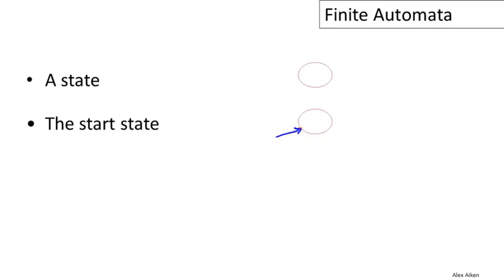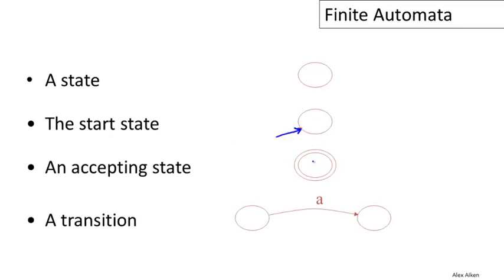So this is a transition into the node, but with no source node that it comes from, and that indicates the unique start state. An accepting state is drawn as a node with double circles like this. And finally, a transition is drawn as an edge between two nodes of the graph. So what this says is, if I'm in this state that I'm circling in blue, and I read the input A, then I can move to the state at the head of the arrow.